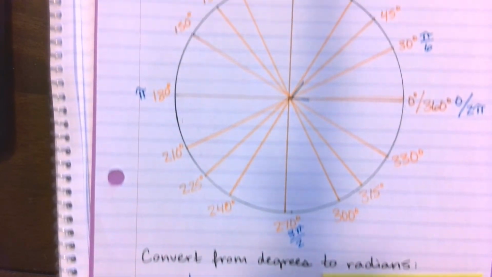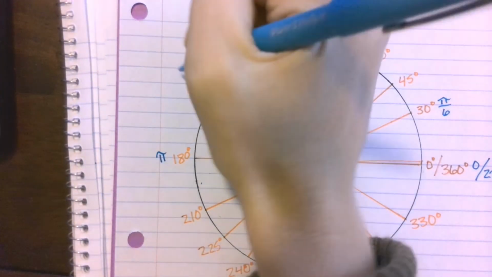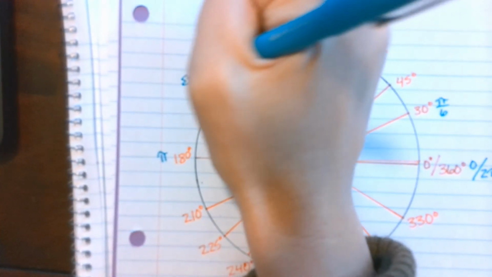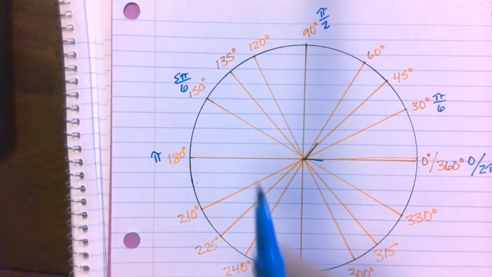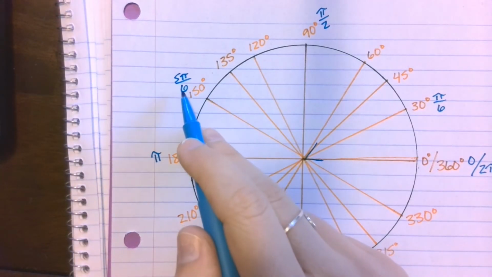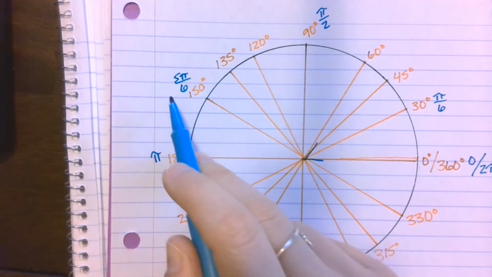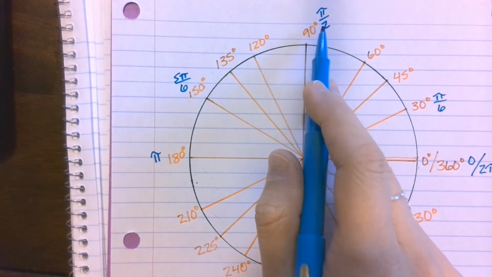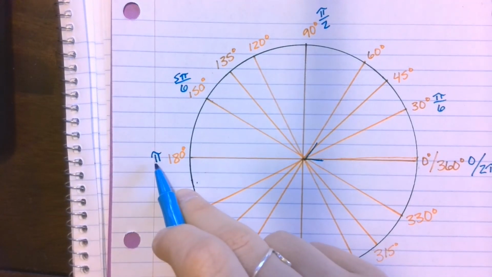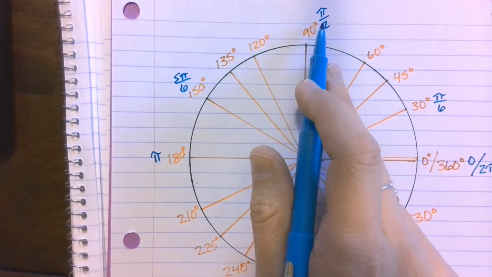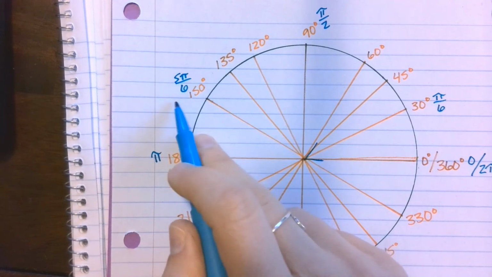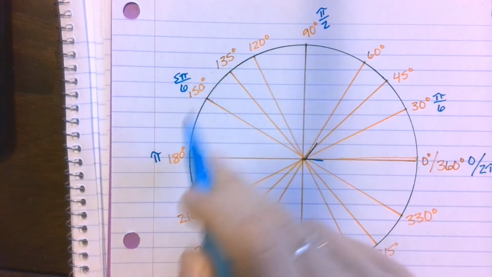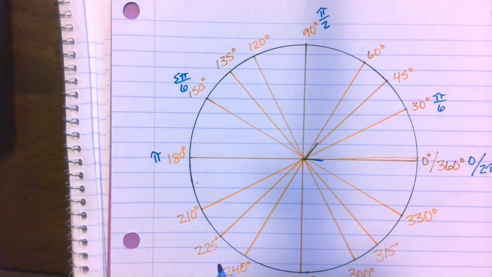So that was the 150. Notice that we could have determined that this 5 pi over 6 was in the second quadrant just by the fact that my 5/6 is greater than 1/2 but less than 1. So kind of ignoring the pi part, but just the fraction out in front of it. If I know my fraction is greater than 1/2, but less than 1, it has to be in that quadrant.